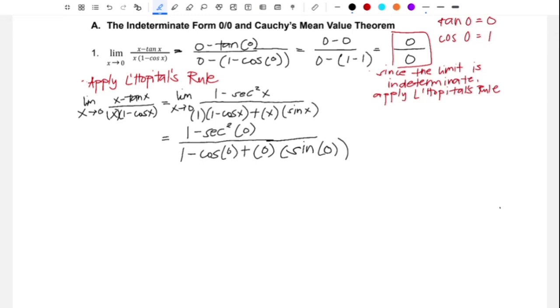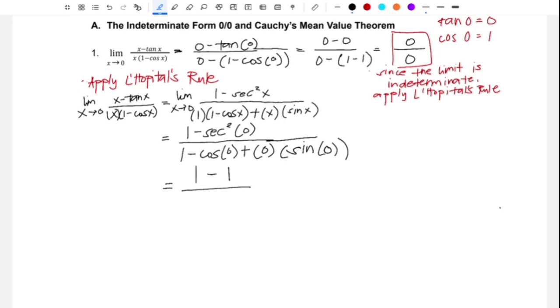To solve this, we can use our scientific calculator for us to get the accurate answer. 1 minus secant 0 squared is equal to 1. You can check your scientific calculator for confirmation.